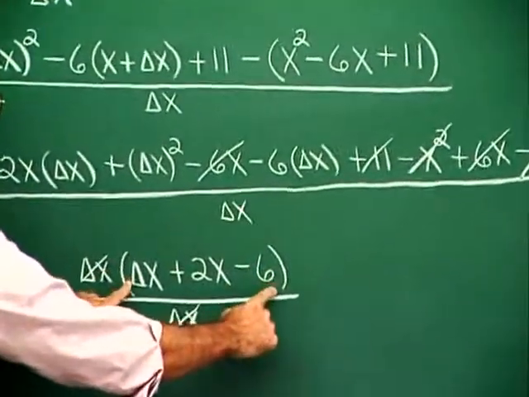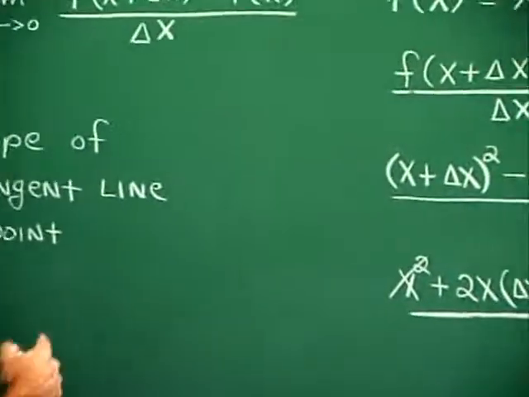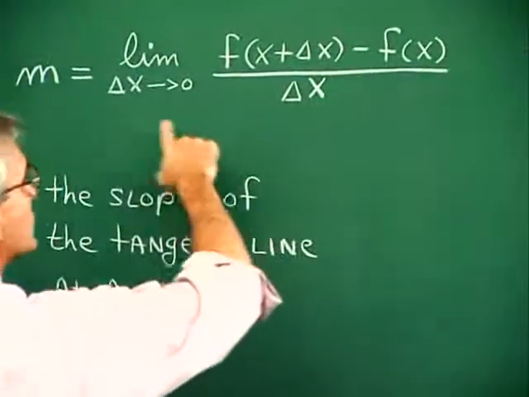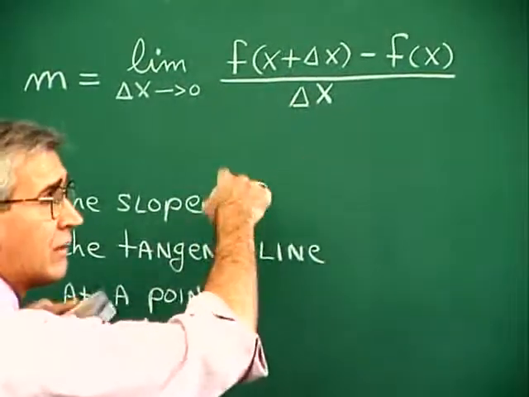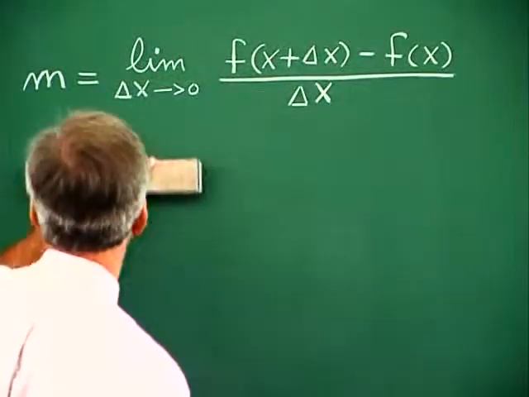And now I'm going to replace this back up here. You see, all we did is the algebra of this using our function notation or the information about the function that we were dealing with.